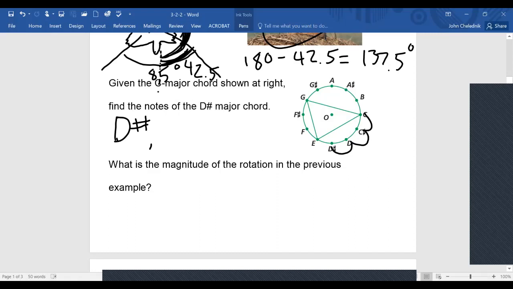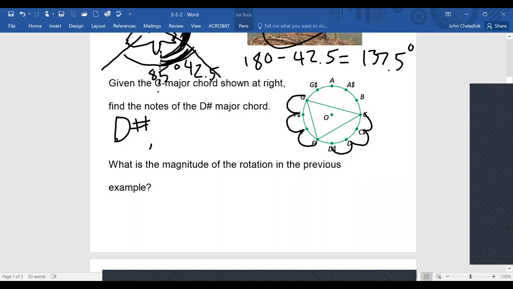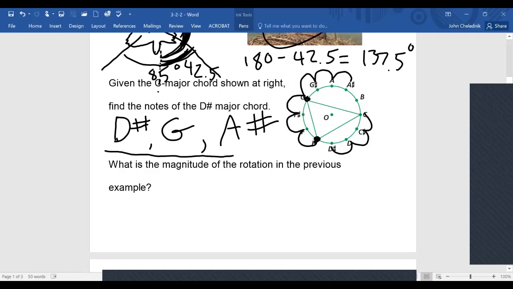Now, if the C has to go 3 hops clockwise, so does every other note in the chord. So that means E will become G, and G will become A sharp. So this note of the chord hopped over to this, and this note in the chord hopped over to that. Okay, so there is the D sharp major chord right there.